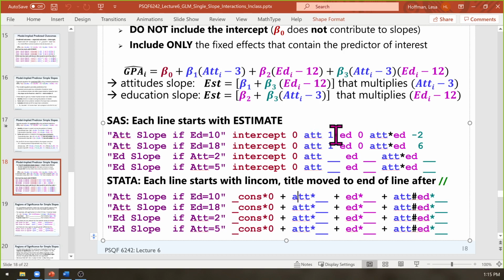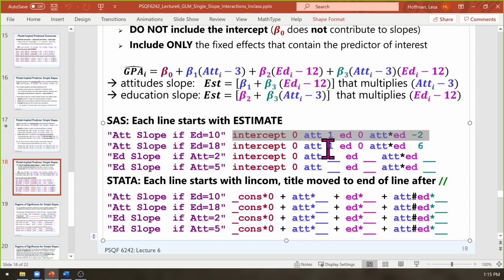The coefficients that you type in here are the multipliers of those betas, the terms that go in parentheses. So if I want the attitude slope for somebody with education equals 10, the only terms in my model that would be on, so to speak, with a non-zero value, would be terms that have attitudes within them. For that reason, the intercept is 0 and the main effect of education is 0, because neither of those terms has anything to do with the attitude slope.